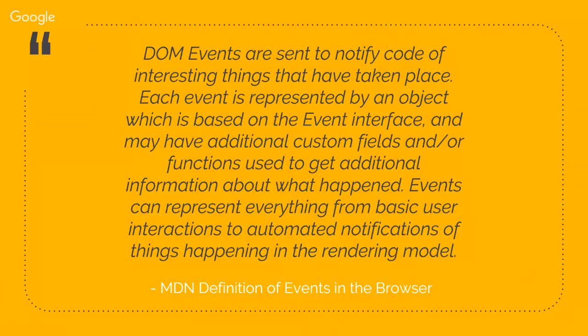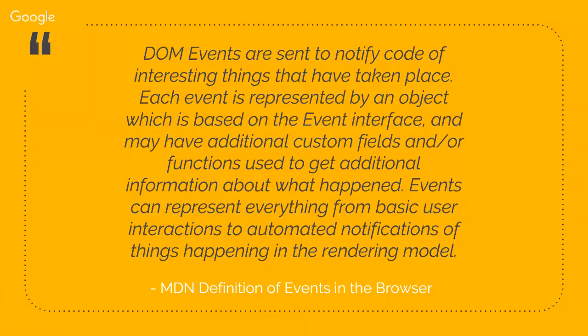DOM events are sent to notify code of interesting things that have taken place. So events are some kind of notifications of interesting things. Each event is represented by an object. This is very important.